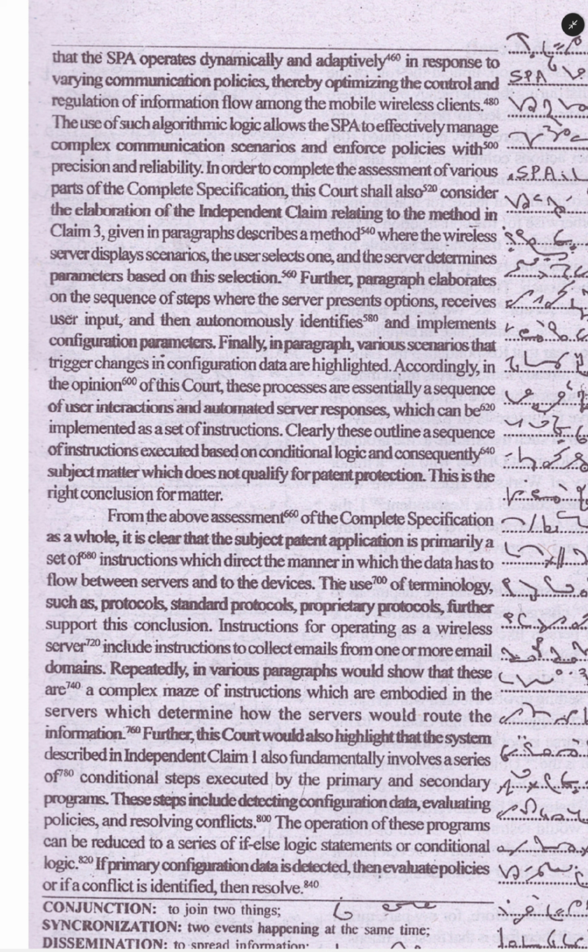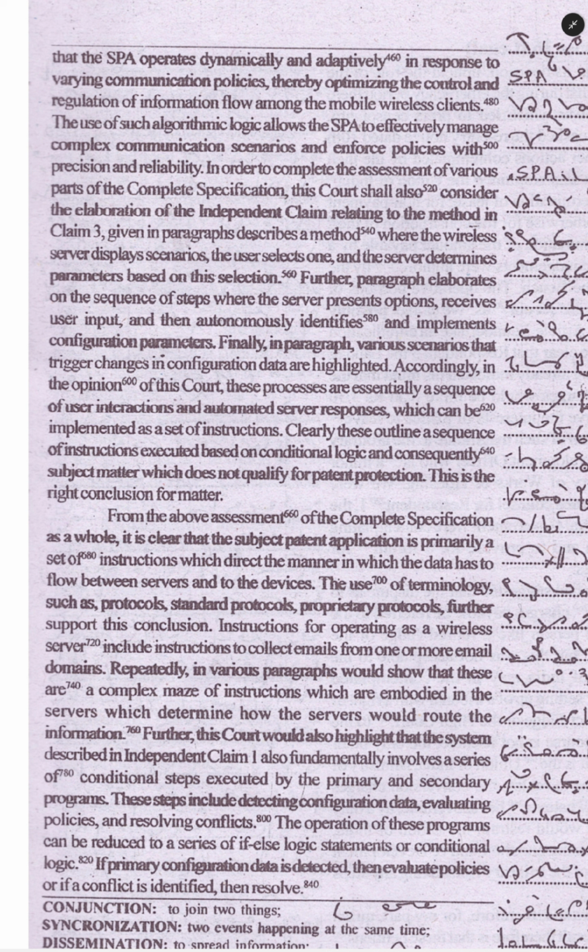Instructions for operating as a wireless server include instructions to collect emails from one or more email domains. Repeatedly in various paragraphs would show that these are a complex maze of instructions which are embodied in the server which determine how the server would route the information.